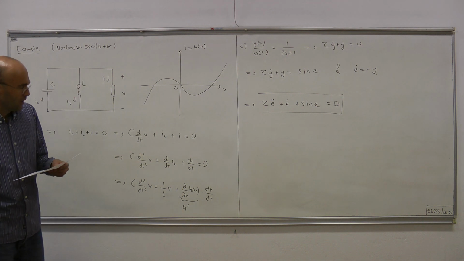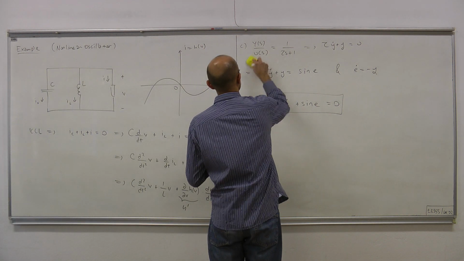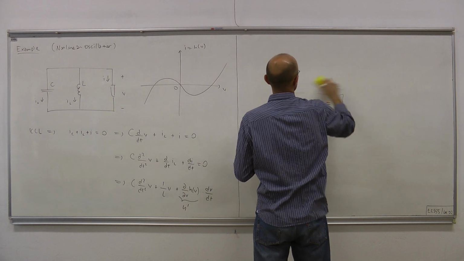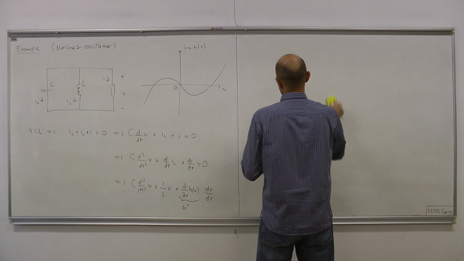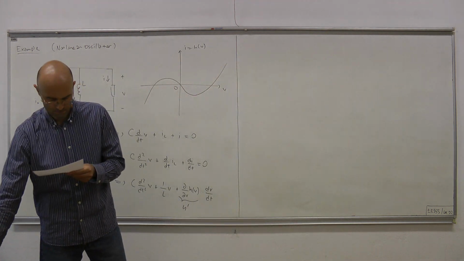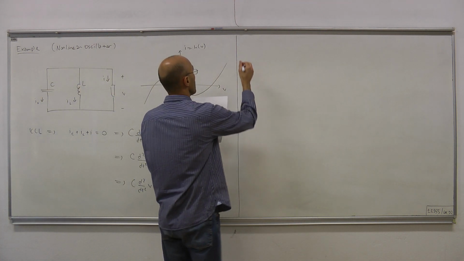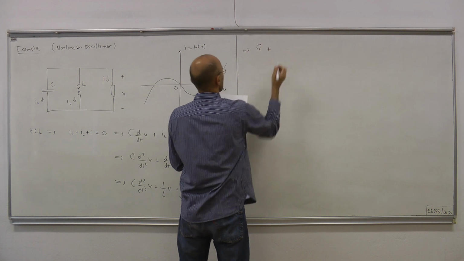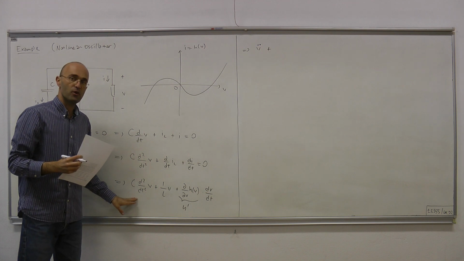Now let's write what we have obtained in a cleaner form. So we have V double dot plus the rest, and this equals 0.